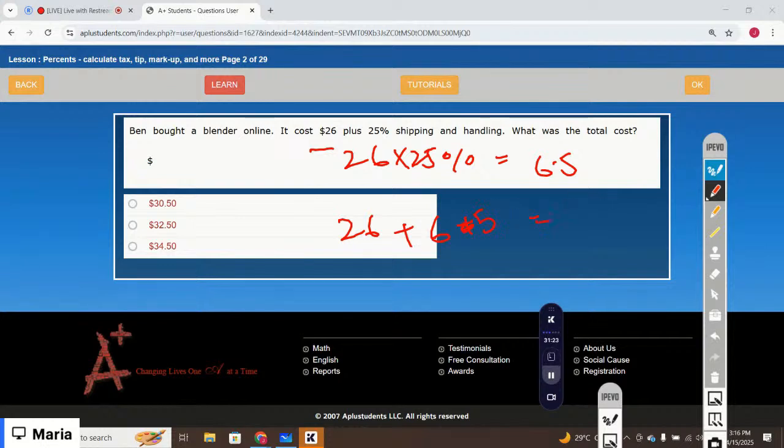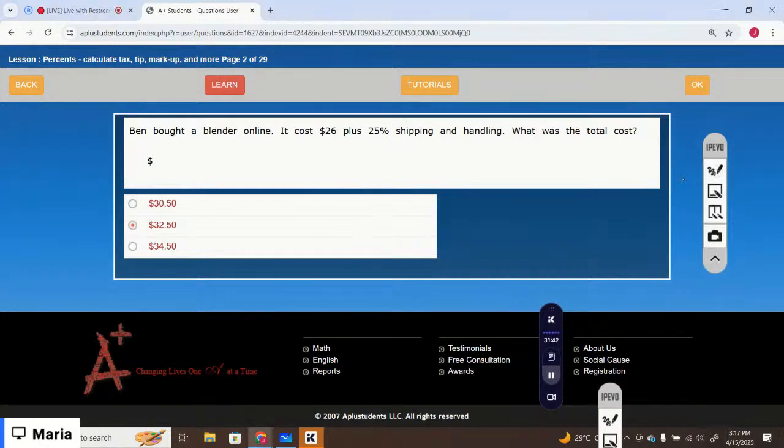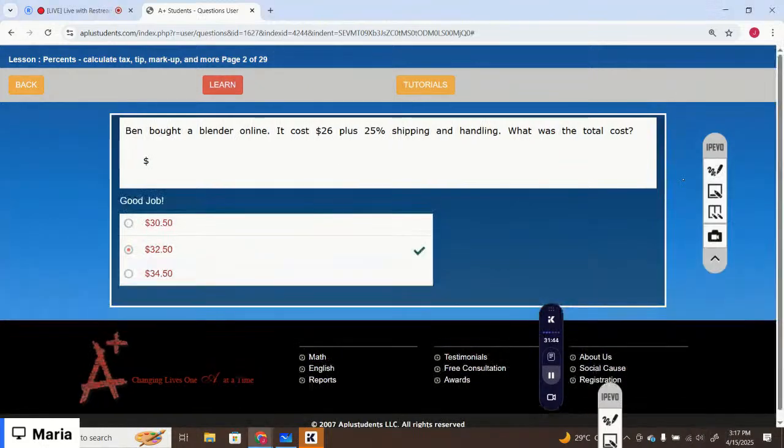So 32.50 it is. The correct option is 32.50. Option number 2 is the correct option.